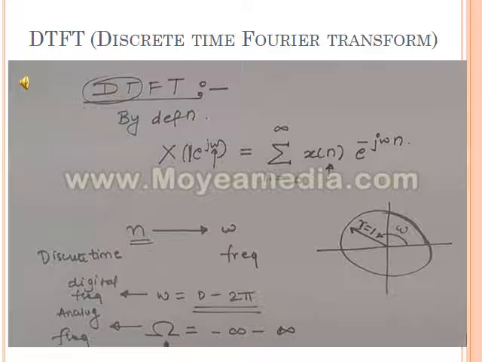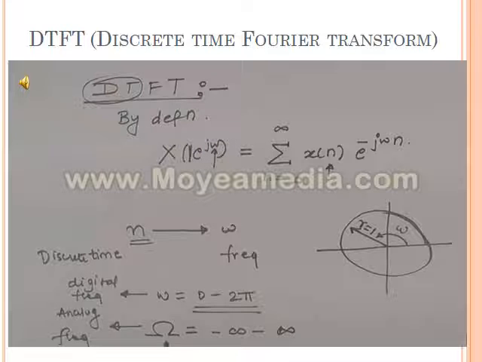But the problem here is that the digital frequency omega ranges from 0 to 2 pi. In this range, omega is continuous. This means that when such DTFT signals are fed to digital systems, they cannot process these signals because they are continuous functions of omega.